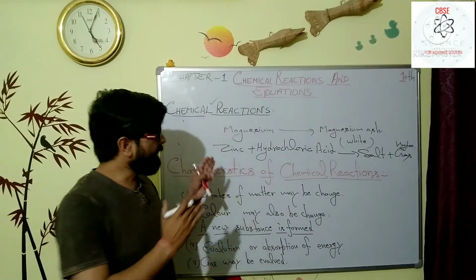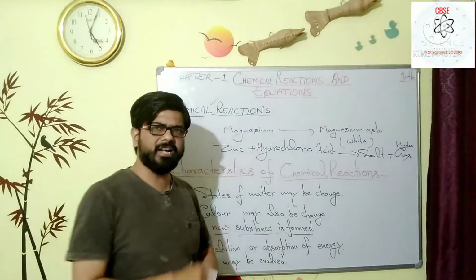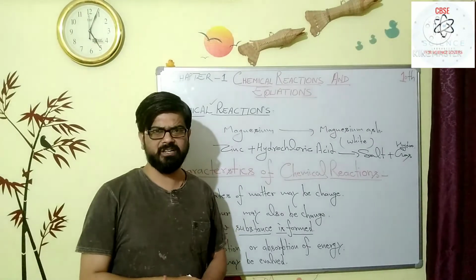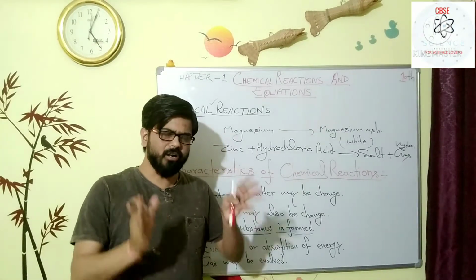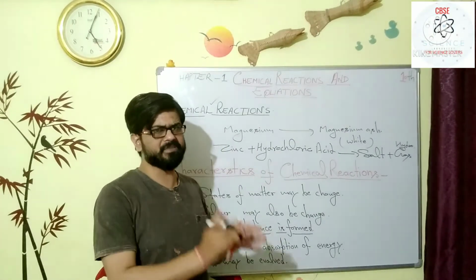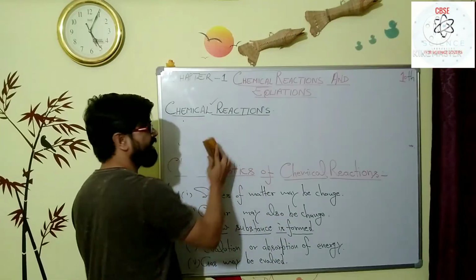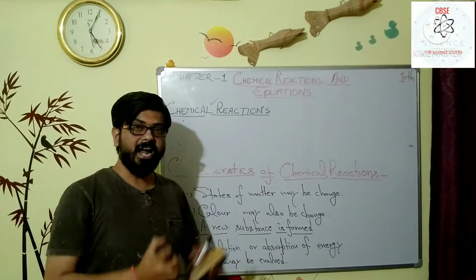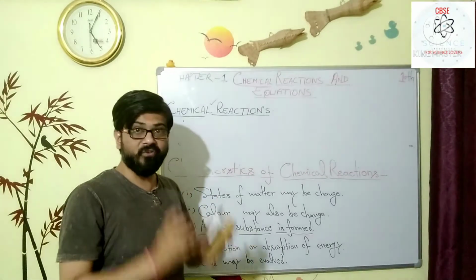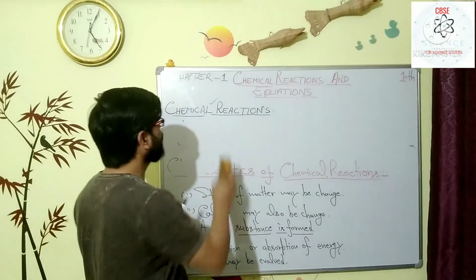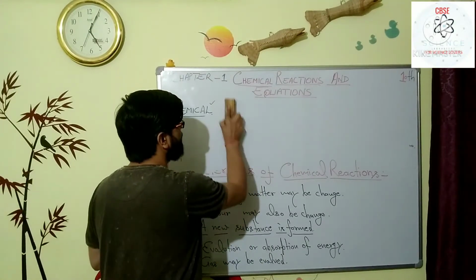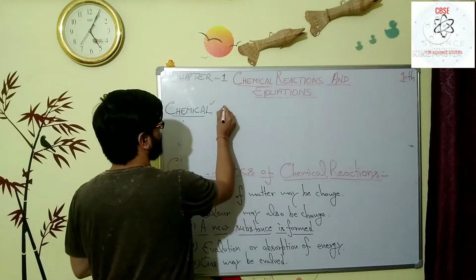So for the representation of such chemical changes, we use a short method by which we can represent a chemical change in an effective, short and convenient way. We use chemical equations.